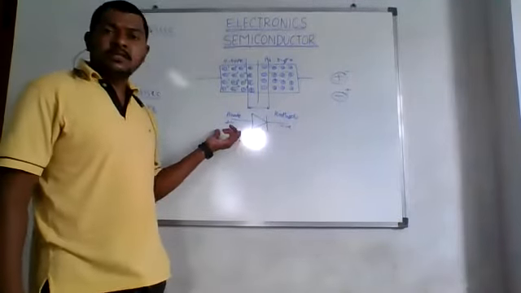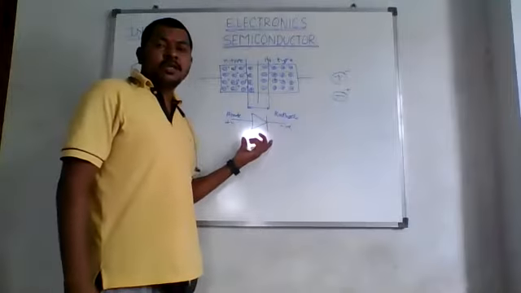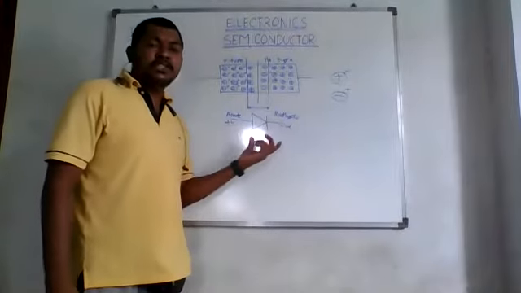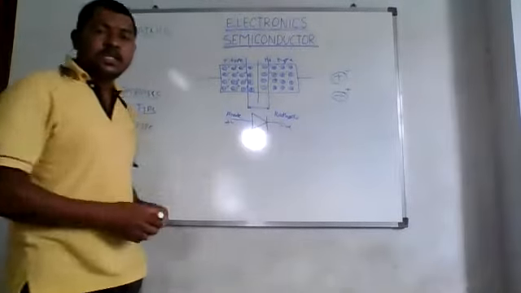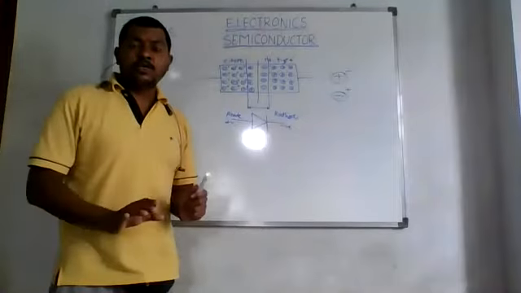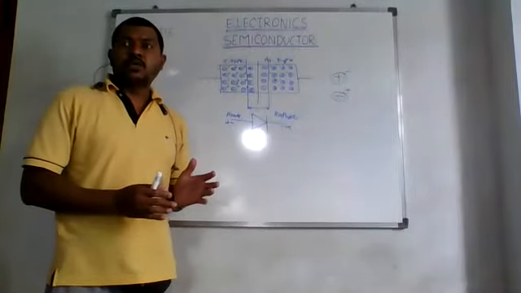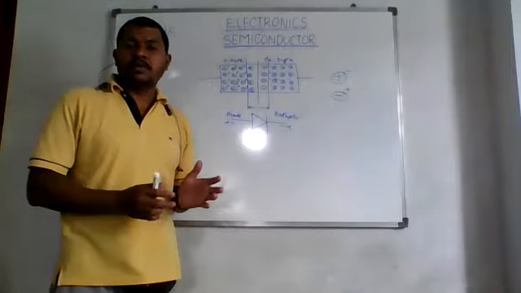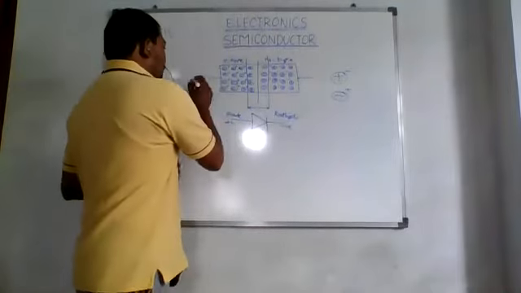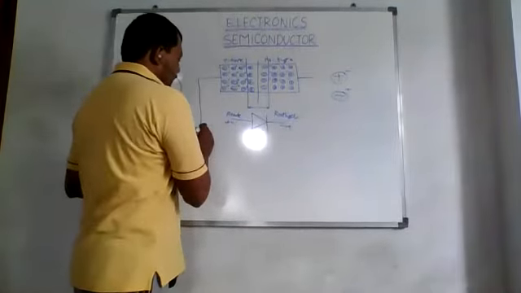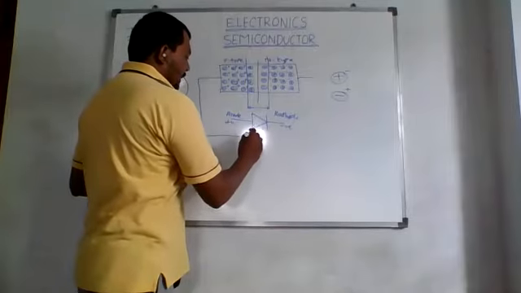So this is the construction of a PN junction diode, right? Now let us see its working. While seeing its working, we need to connect it to a power supply, so I am going to connect it directly to a battery.